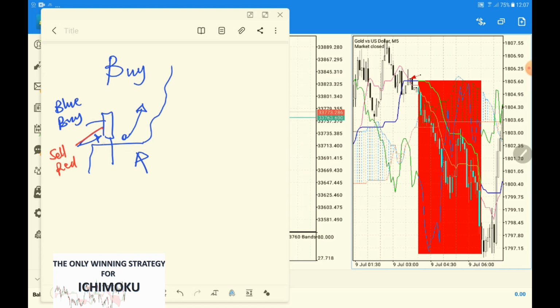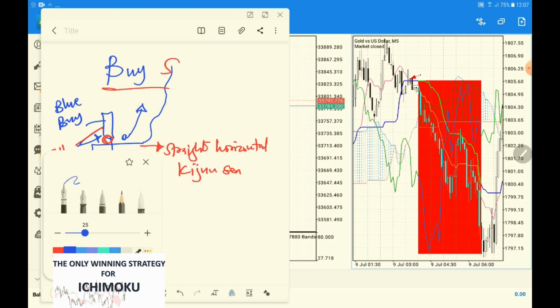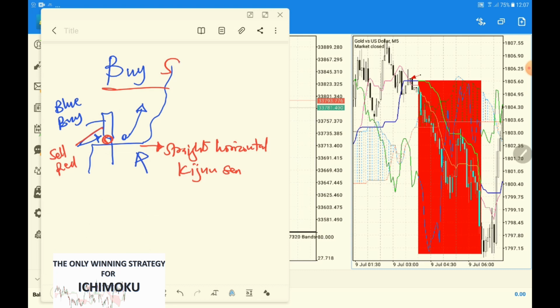It just has to break a straight horizontal Kijun-sen but close above it, like we saw right there, and then we have our buy signal. So that's for buy.